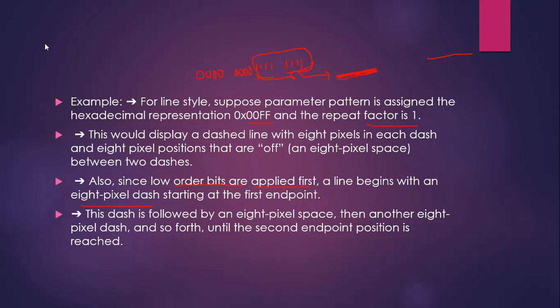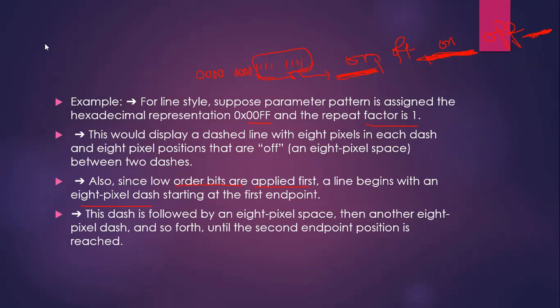Then you have zeros, that means it is off. Then again on, a solid line again, then off with zeros, again on, again off. So like this it will go on repeating.